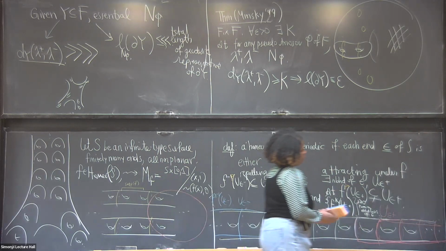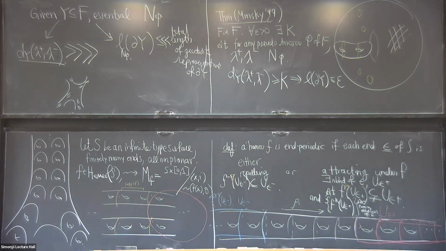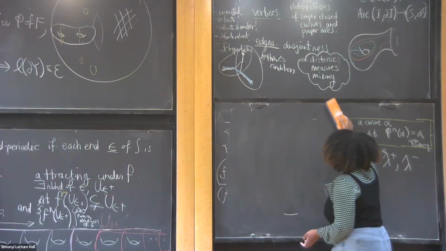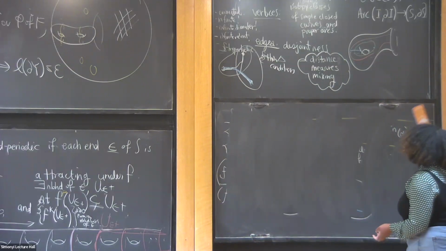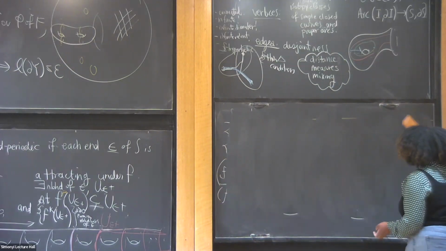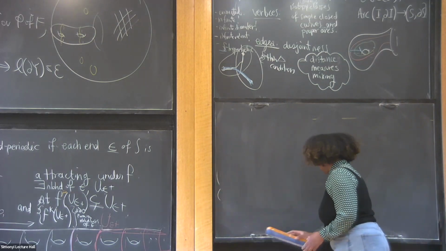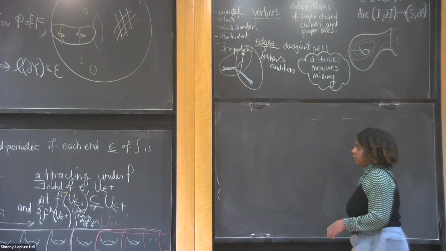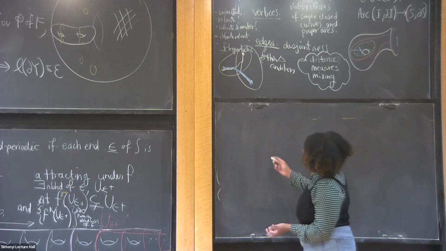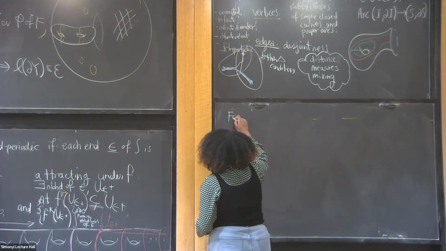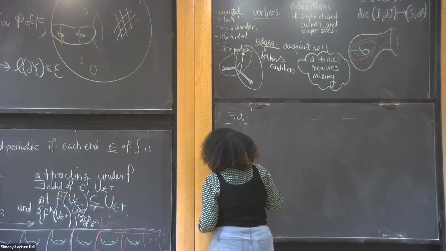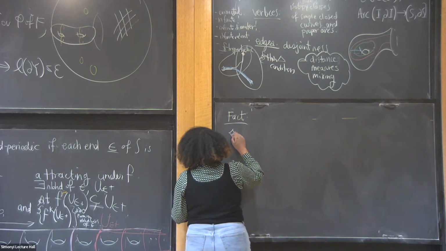So now I have this end periodic thing. Why is it so special? Well, it gives me a tame mapping torus. I'll say this fact, which is due to Fenley.